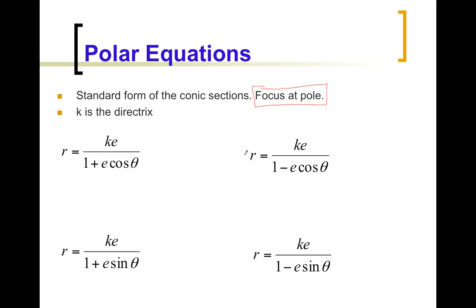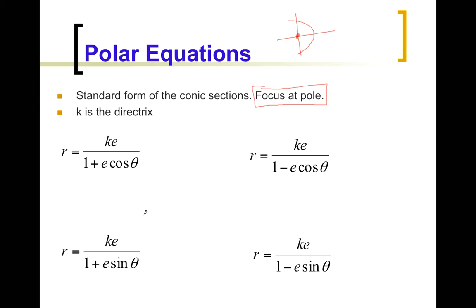For all of the other ones, there is one of the foci at the pole, or at the origin, which means if I was to give you a graph like this and there's your pole, all of our graphs are going to go around in every way. And you notice that there's actually 4 different ways. We can go to the right, we can go up, left, and down. So we get 4 different equations.